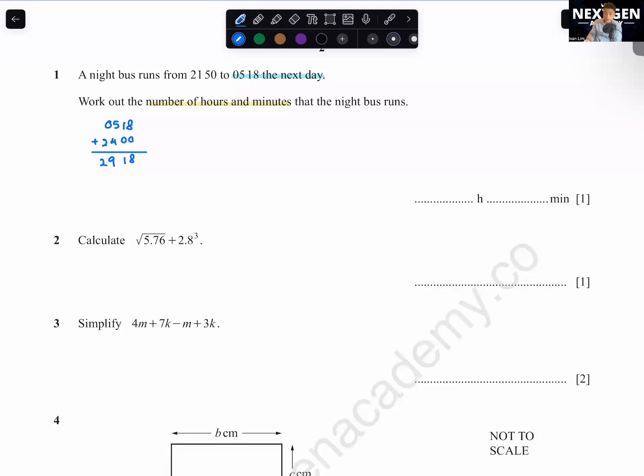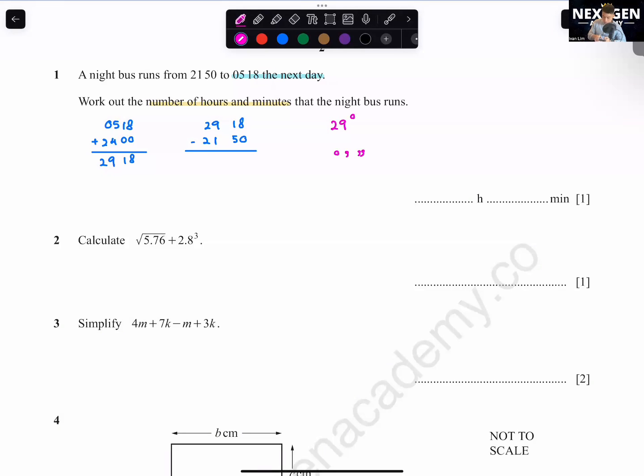How do I find the total time? Remember, I taught you all you can use your calculator to do this also. You're going to take 29:18 minus 21:50. If you're not confident, because sometimes in exam we make silly careless mistakes, type this working into your calculator. Remember, you use this degree, minute, second button.